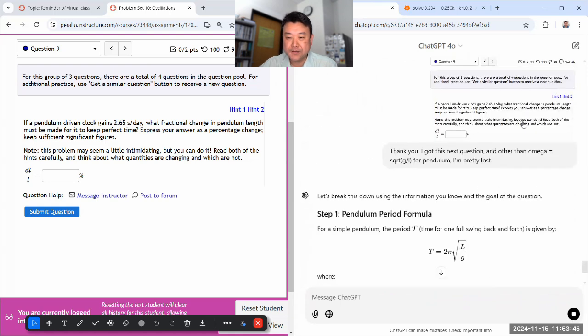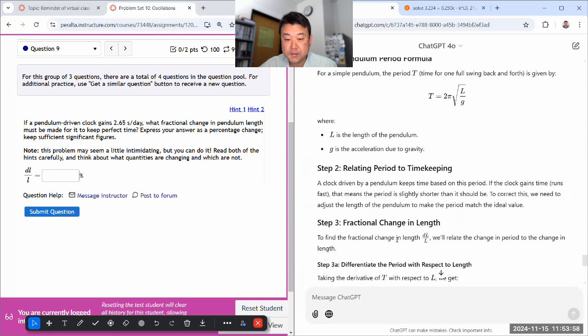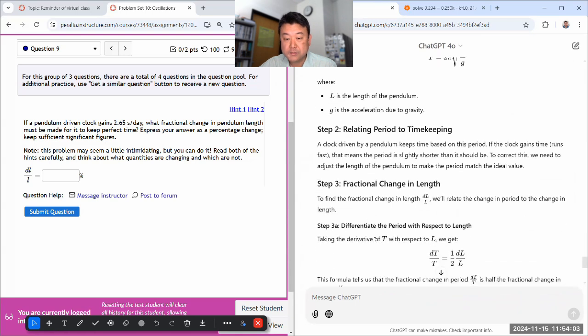Yeah, from what I've written down, you can get to the period. Good. Leading period of timekeeping gains time. That means correct this fractional length, changing engine length. Oh, okay. Yeah, I guess. All right. So that's the standard approach.